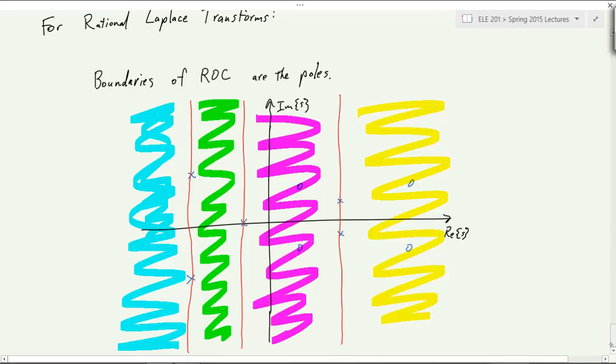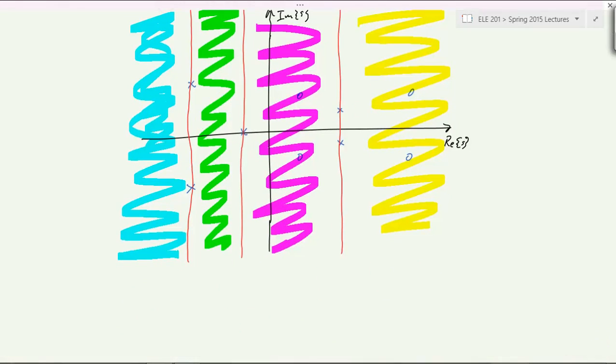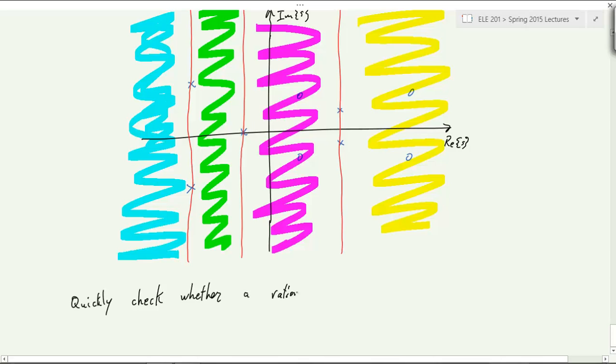Okay, knowing everything we've learned, we can actually apply it and say that, for example, we can quickly check whether a rational Laplace transform could correspond to a signal that is both, let's say, causal and stable.